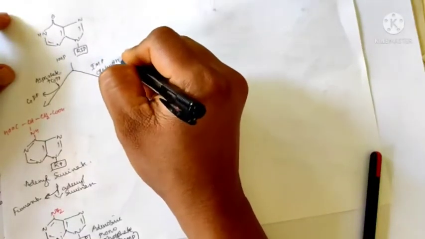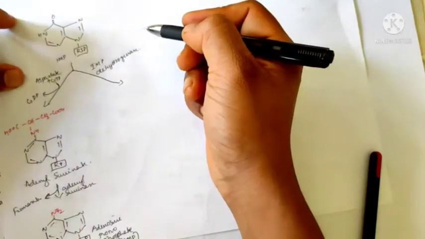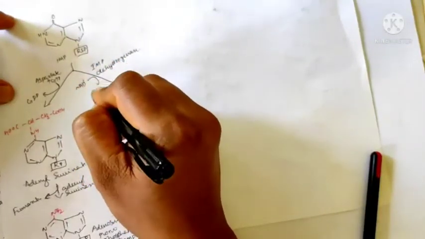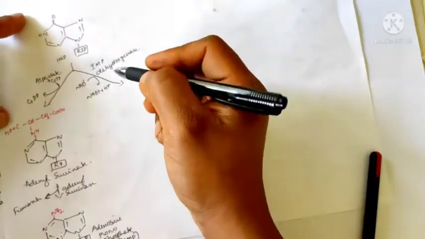Then similarly, inosine monophosphate dehydrogenase enzyme converts inosine monophosphate to xanthosine monophosphate. Here NAD is reduced to NADH.